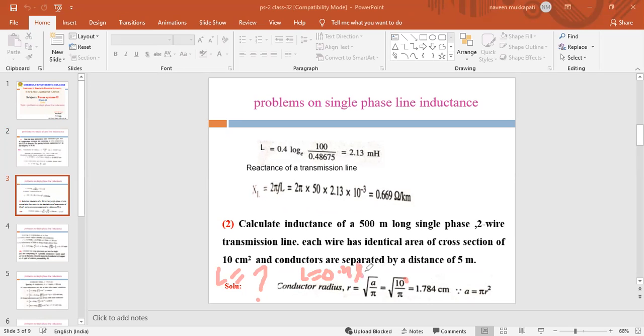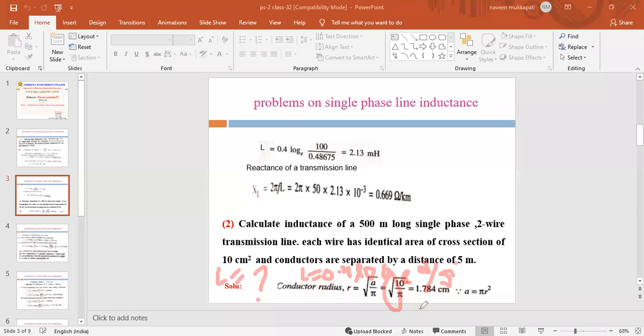log e D by R dash. L is equal to 0.4 log e D by R dash.